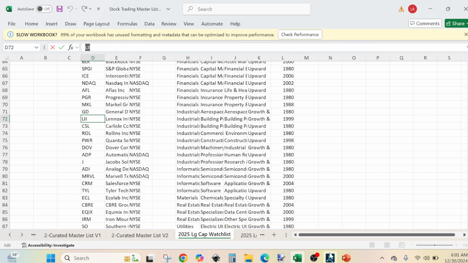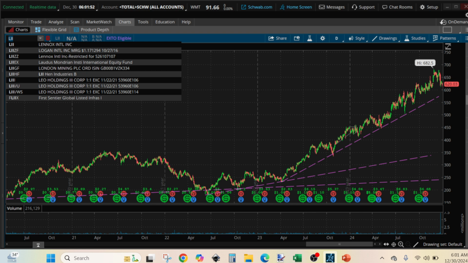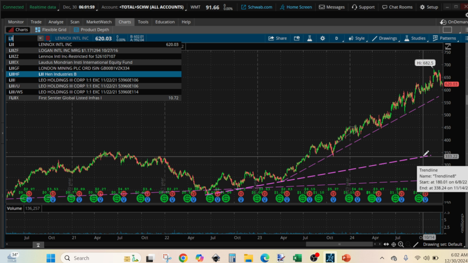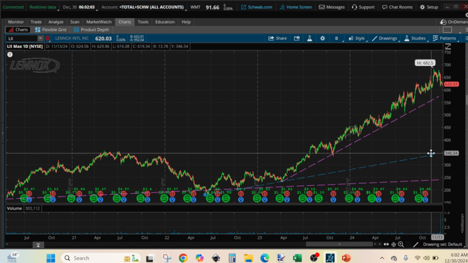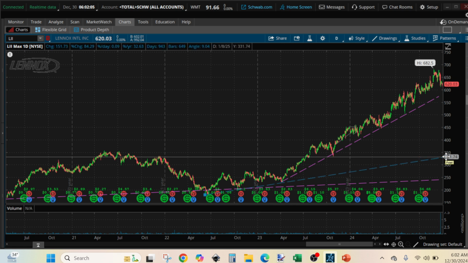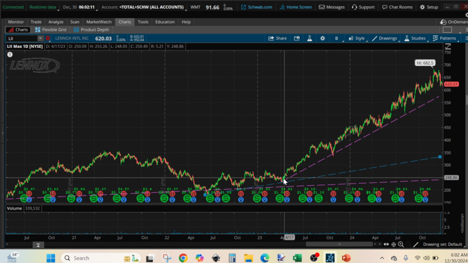LII. We have multiple lines drawn here, but let's see. And let me see, what is it?